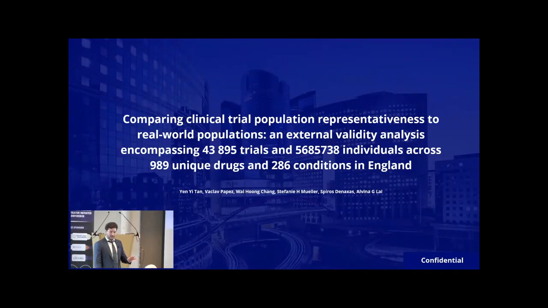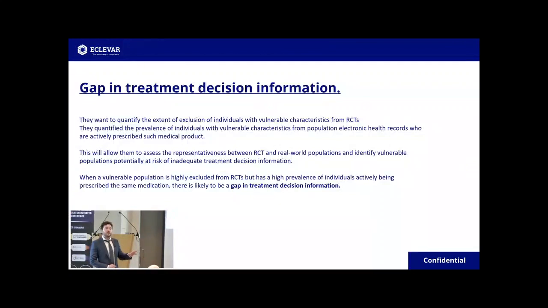Their main question was: I want to quantify how extensive the exclusion criteria of these 33,000 studies are. And second, they wanted to know, for the vulnerable population excluded from these trials, what is the prevalence of these populations being actively prescribed the same medication and medical device? And you know what they found?